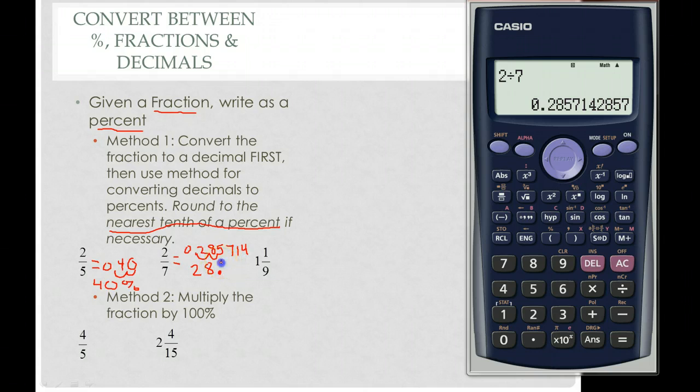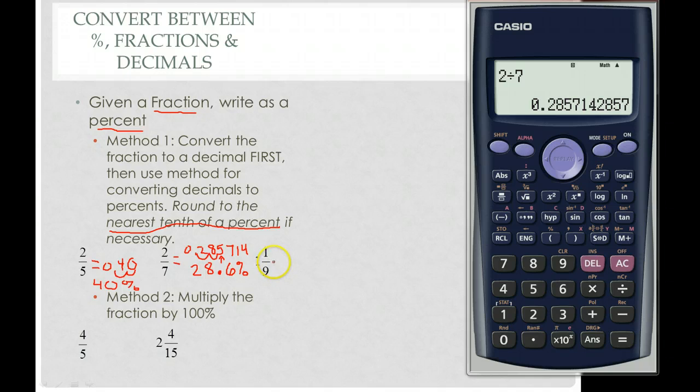So I need to know if I round the 5 up or if I leave it the same. So I look at the 7. Since 7 is 5 or bigger, I know I round up. So it's 28.6%. So first change it to the percent and then round to that decimal point that's in your percentage.